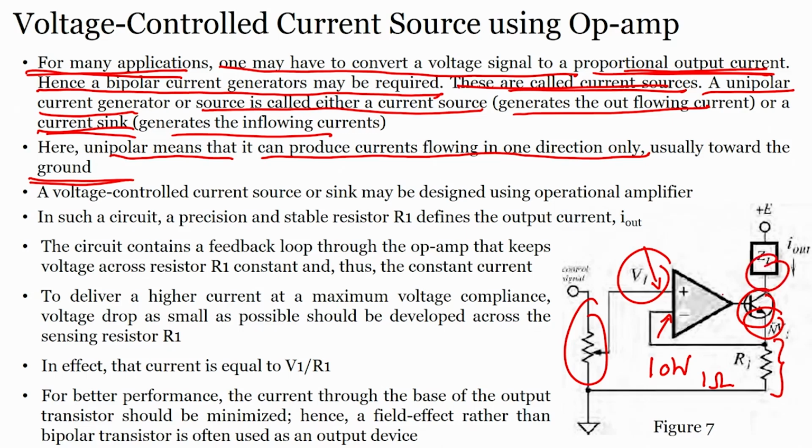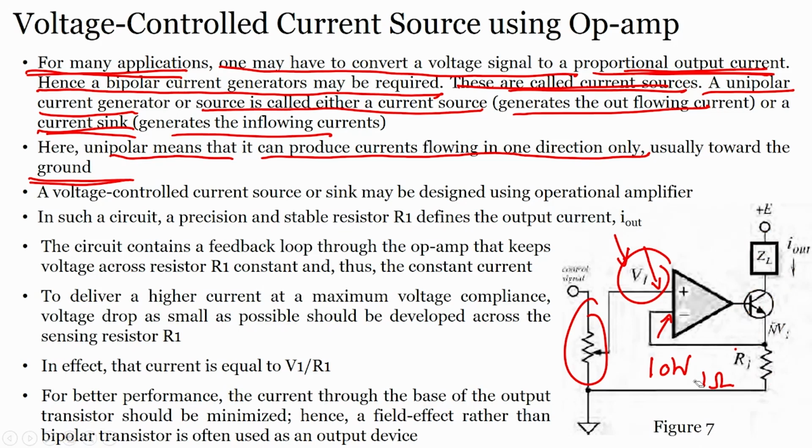So, if I keep changing this voltage, I will be able to see the change in the voltage across this resistor, and this will generate my current and keep the current flowing across the load resistor, because the transistor will be in conducting state.